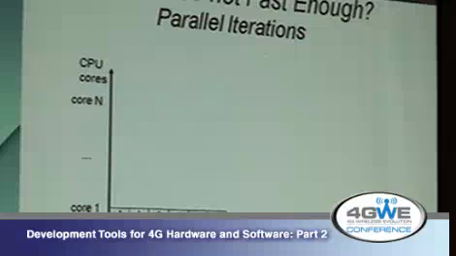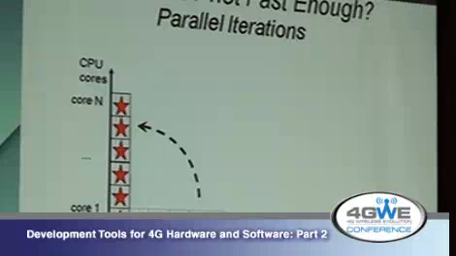When the fastest simulation on a per instance basis is not enough, as I just mentioned, you will need to refer to parallel iterations, where you now spread these items in parallel over a number of CPU cores.